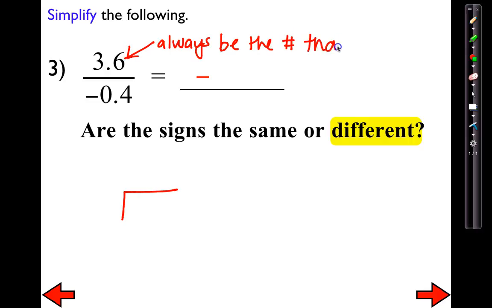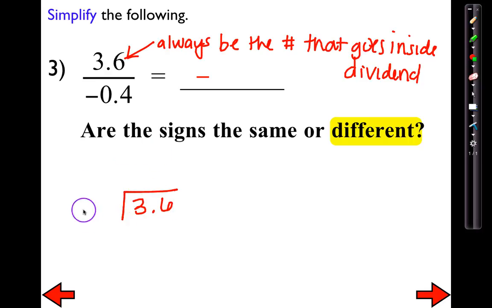Always, always, always. Which we refer to as our dividend. So I'm going to go ahead and write 3 6/10, and it's being divided by 4/10.